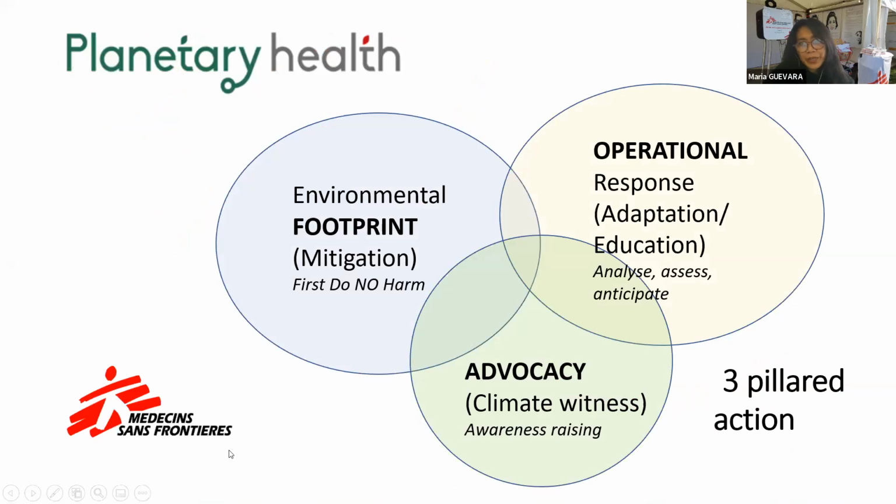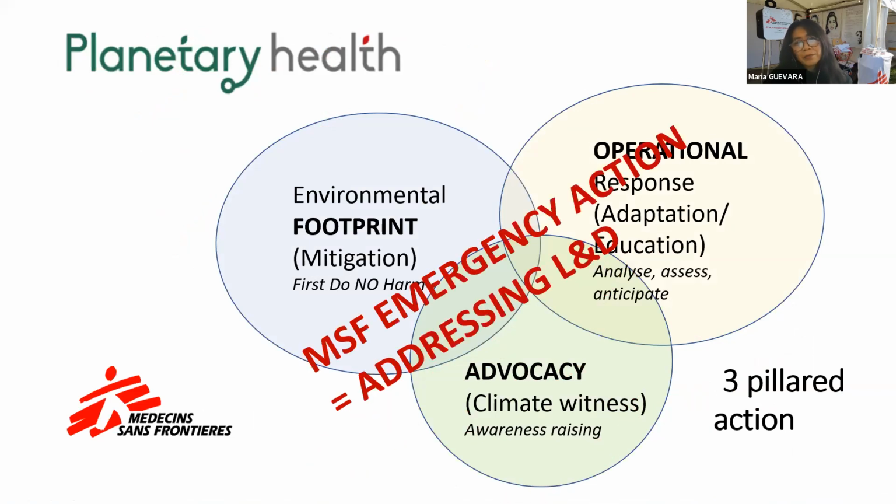So what are we doing in MSF? Some of us are framing this within the planetary health framing, which centralizes humans as the responsible, but also possibly the solution, and that we are interdependent within our ecosystem, and we have to be responsible in managing that.